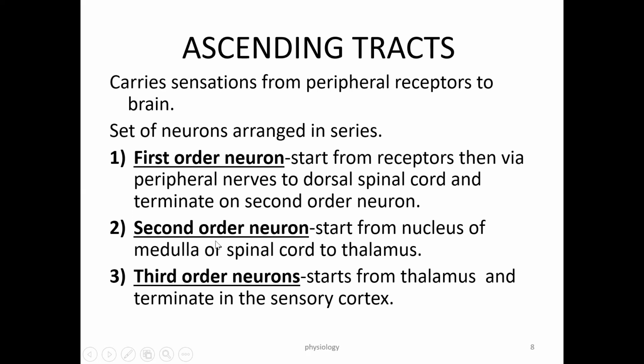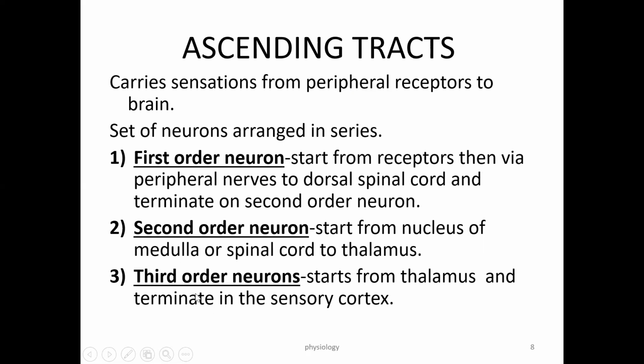While in the anterolateral spinothalamic tract, there is one major difference: the second order neuron starts in the spinal cord only. I will describe this, but just remember that in the dorsal column pathway, the second order neuron starts from the nuclei of the medulla, while in the anterolateral spinothalamic tract, the second order neuron starts from the spinal cord itself.